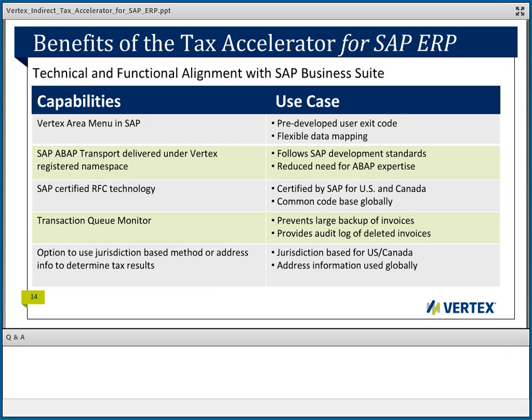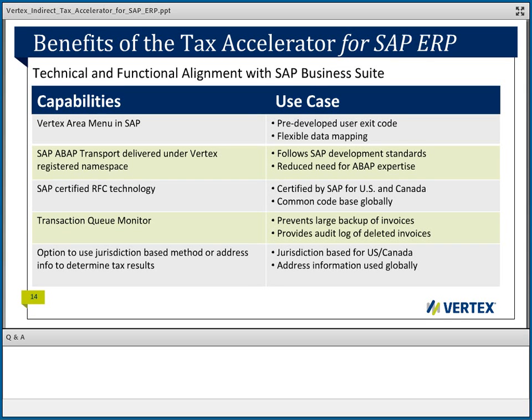We're still using tried and true certified RFC technology. We do extend it for VAT. Once again, SAP certifies tax engines for US and Canada. It does not certify engines outside US and Canada. We do use for VAT an extension of the certified solution.